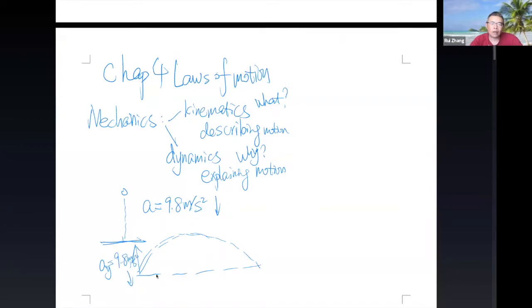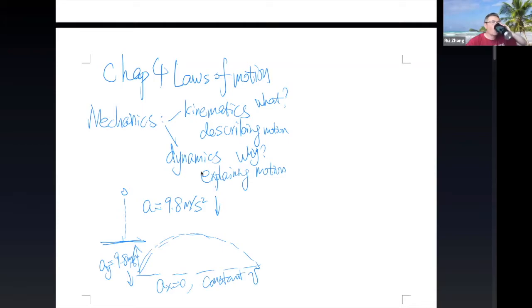Along the horizontal direction, the acceleration is 0, meaning it's constant velocity motion. Now again, the question is why. Why is there constant velocity along this direction? Why sometimes does an object move with constant velocity, and sometimes have an acceleration? All these kinds of questions. This kind of question, why, is what we want to answer in dynamics.